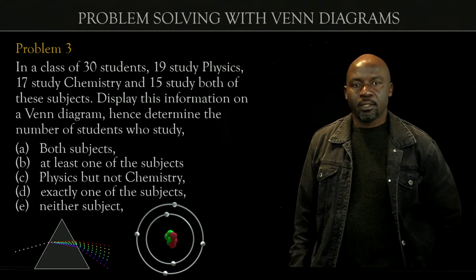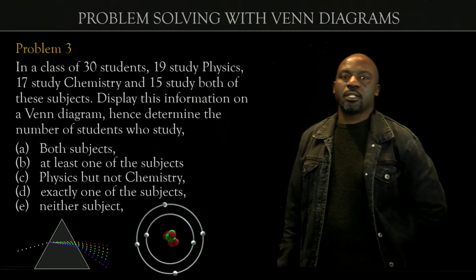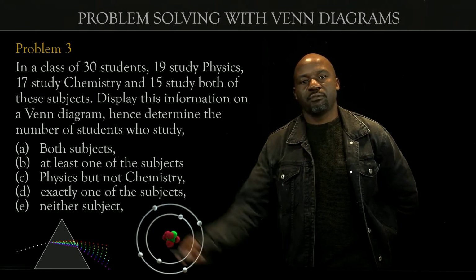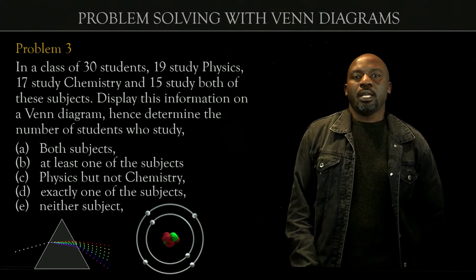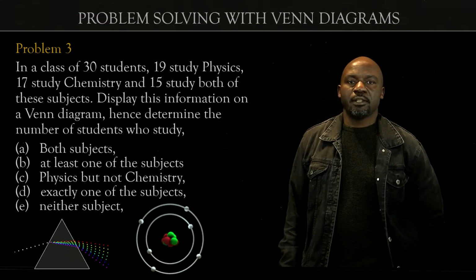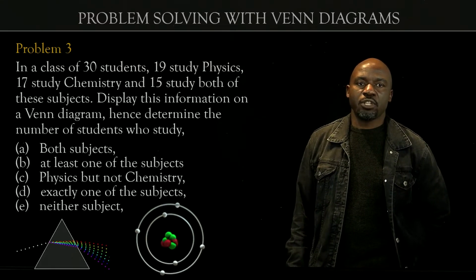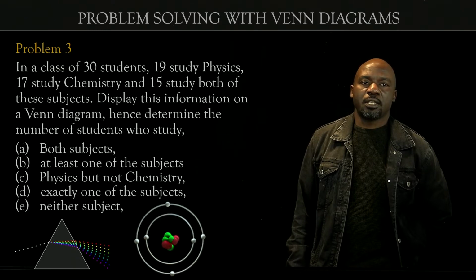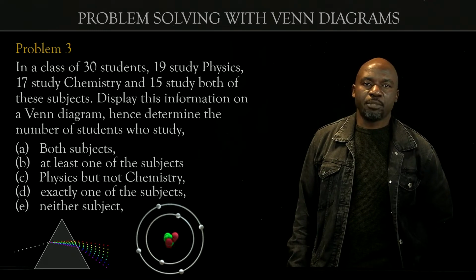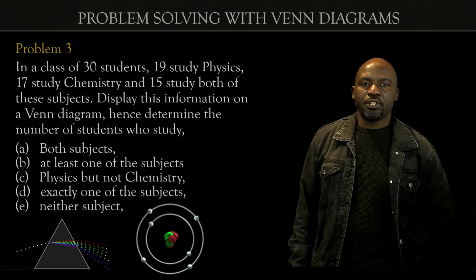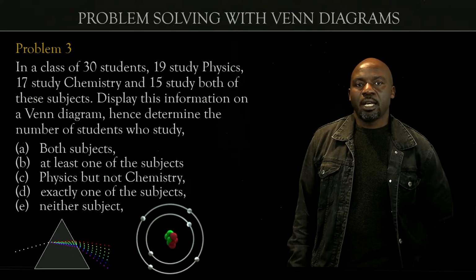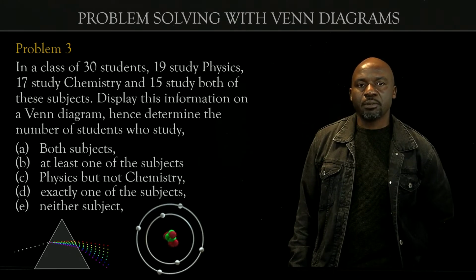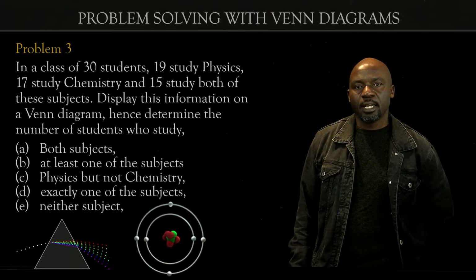Here is another one. This one I have not solved, so this is related to chemistry and physics, so I have put those animations there. In a class of 30 students, 19 study physics, 17 study chemistry, and 15 students study both of these subjects. Display this information on a Venn diagram, hence determine the number of students who study both subjects.